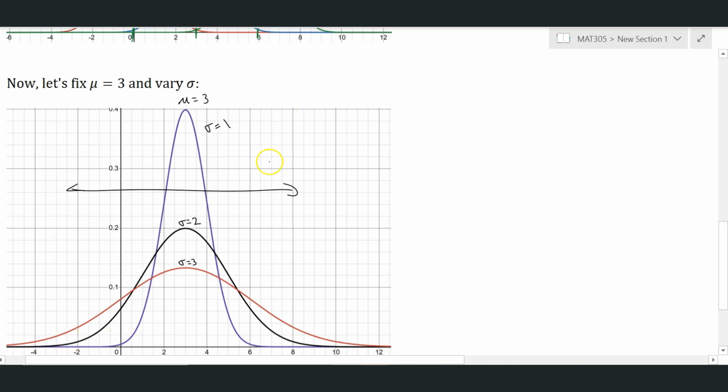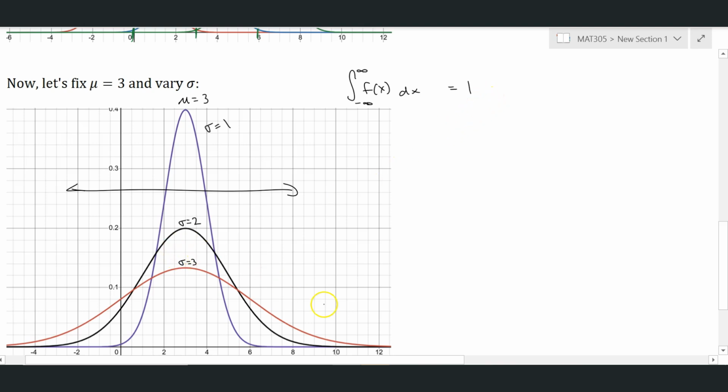Now remember that the area under the normal curve, if you were to integrate f of x from negative infinity to infinity dx on all of these, you would get 1, because it's a density. If we have more spread, we need a lower peak in order to maintain the same area.